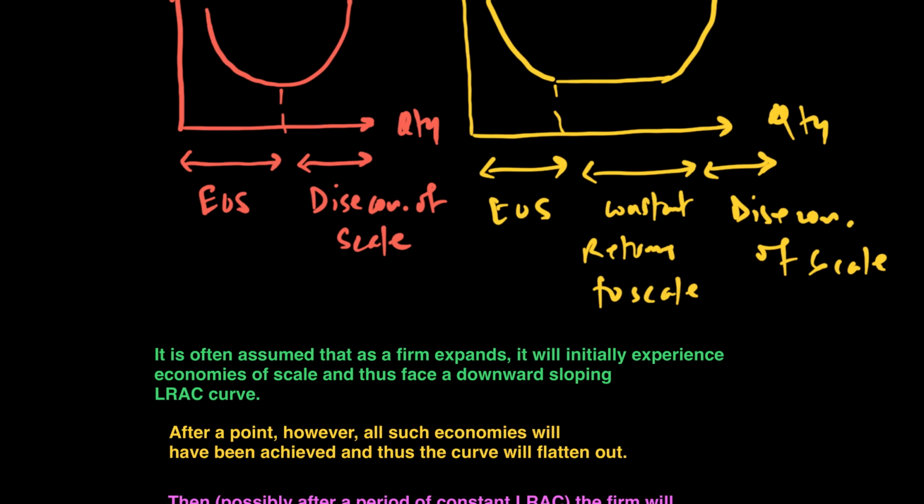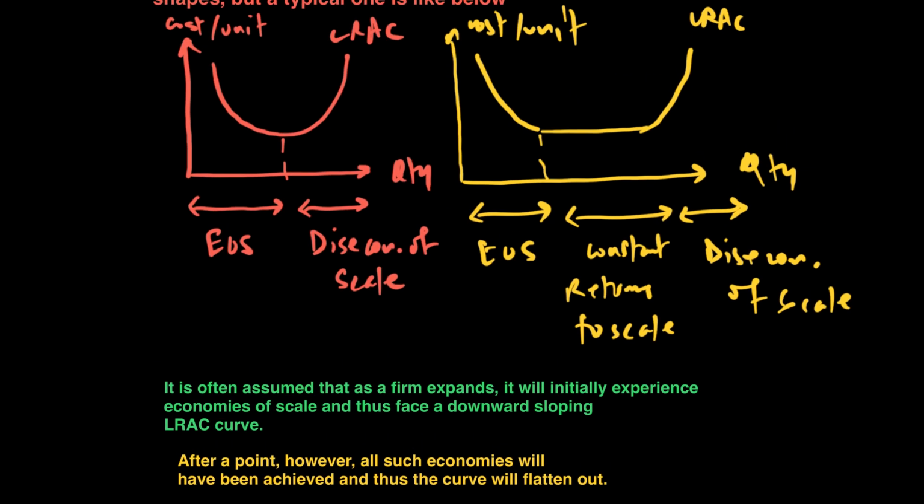As you can see, there's a flat curve here, which is LRAC that is flat because of constant returns to scale. It could be just for a point, like here, or it could be a zone depending on the kind of situation we are in.